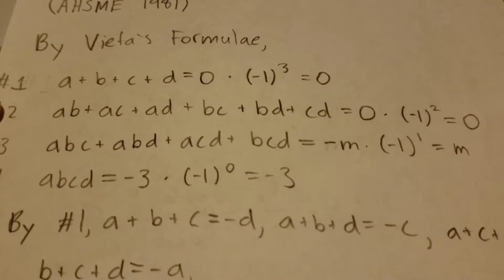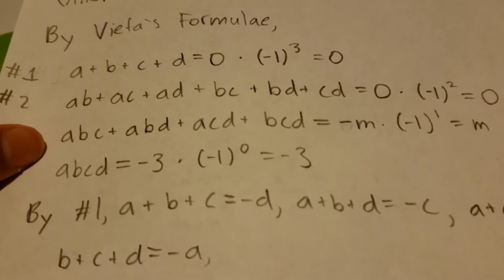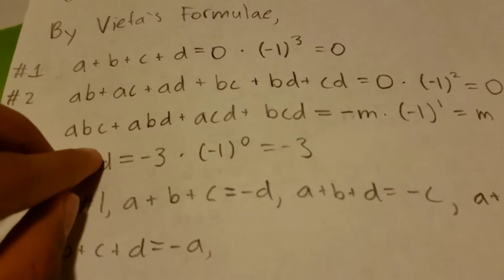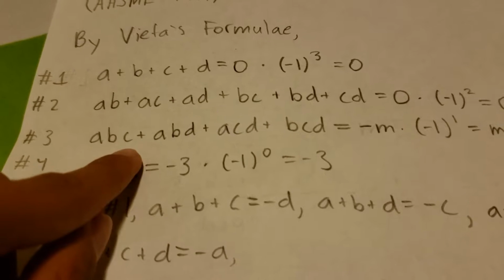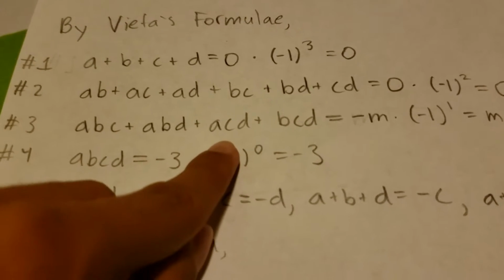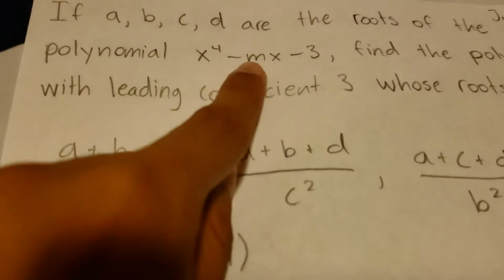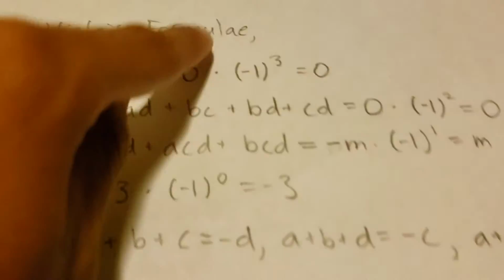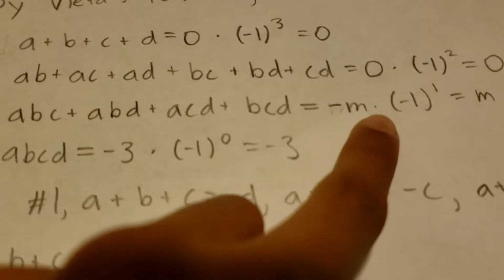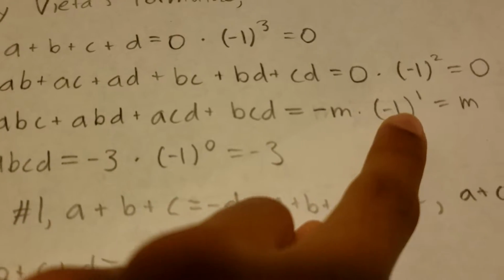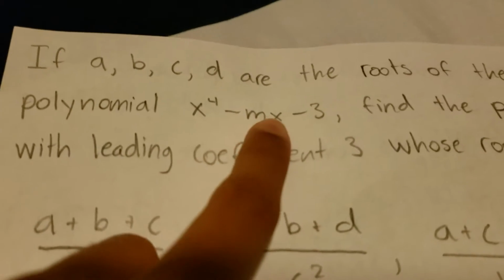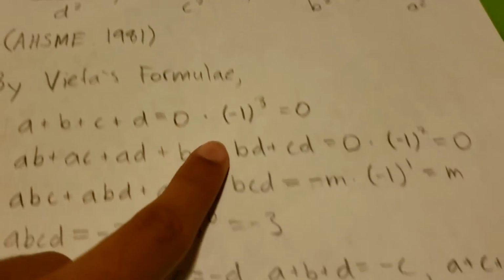Interesting. And for our third equation, we take the roots in 3. So we have ABC plus ABD plus ACD plus BCD is equal to the coefficient of the x term. And that's just negative m. So negative m times negative 1 to the first power, because x is raised to the first power in the x term.